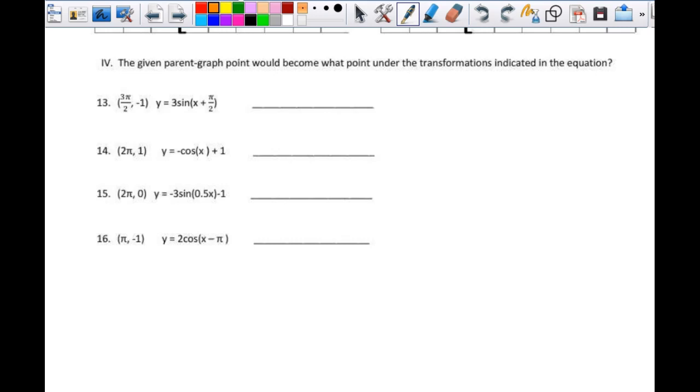So, okay, I first look at what is happening to my x value. With my x value, I have 3 pi halves, and I'm going to subtract pi halves, because I do the opposite. So 3 pi halves minus pi halves gives me 2 pi halves, which is just pi. That's the only thing that happens to my x value. Then my y value gets multiplied by 3, so that's a negative 3.